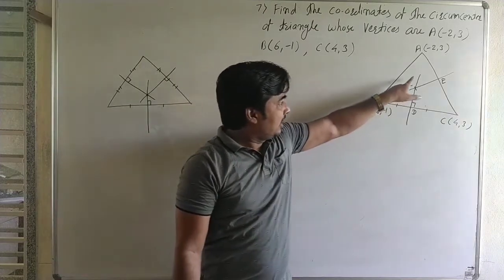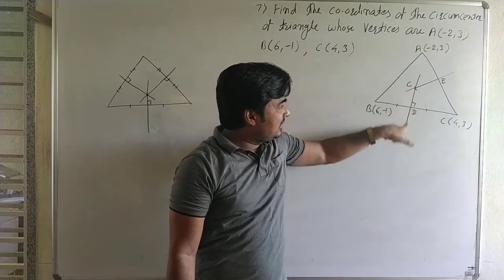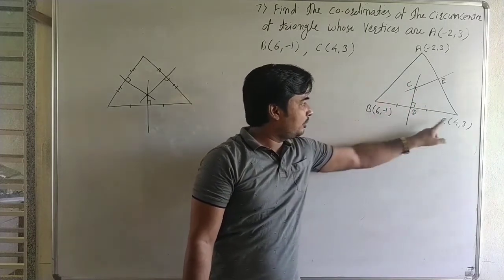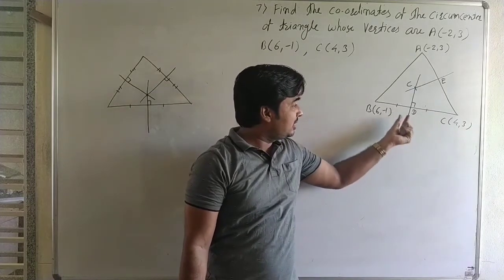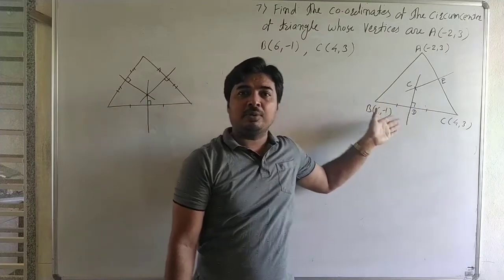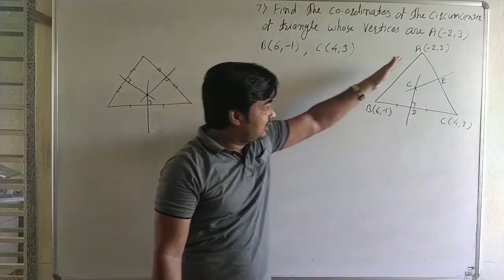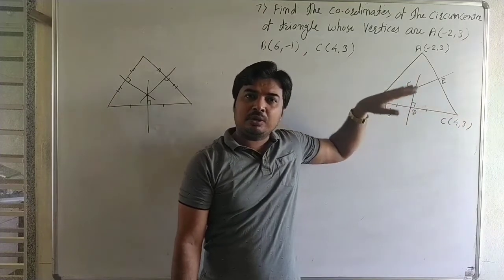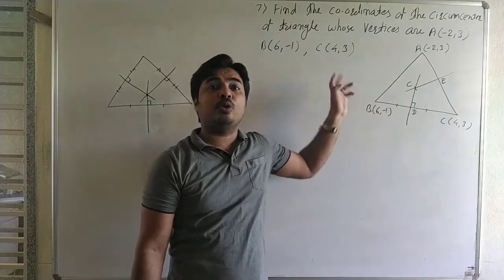D is a point on line CD, and D is the midpoint of BC, therefore we know the coordinates of D. CD is perpendicular to BC, therefore we know the slope of CD.